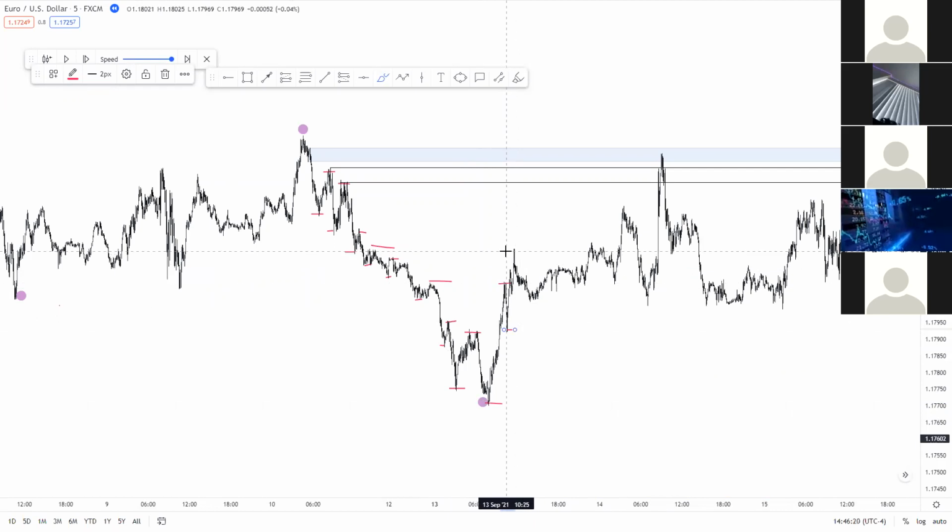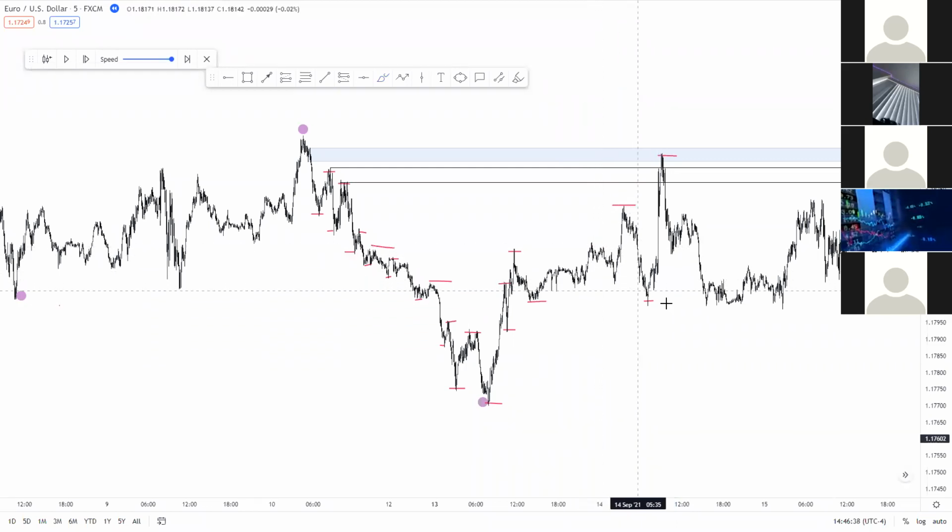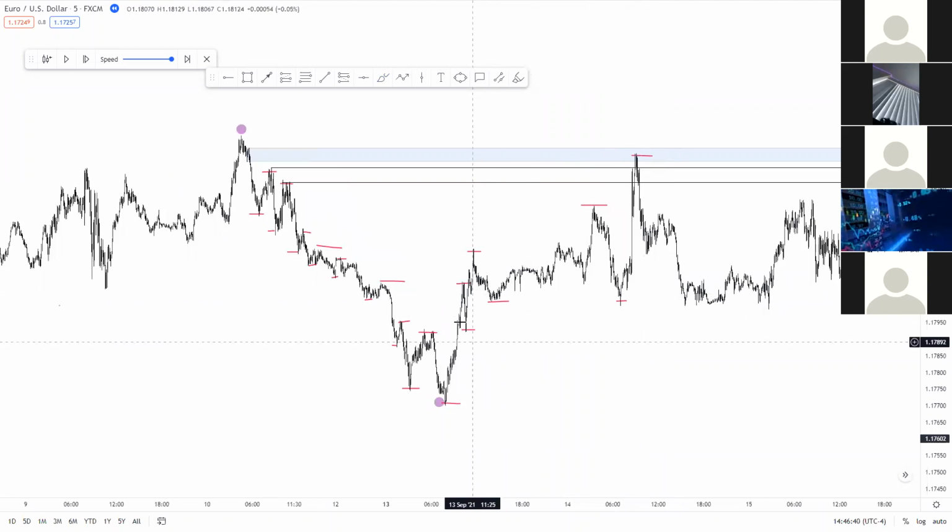High, low, high, low, high, low, high, lower low, trades back above. So for me, really, this leg could be looked at as this. So this did not close below here. It just ran it out. So it's high, low, high, low, high, low, high.